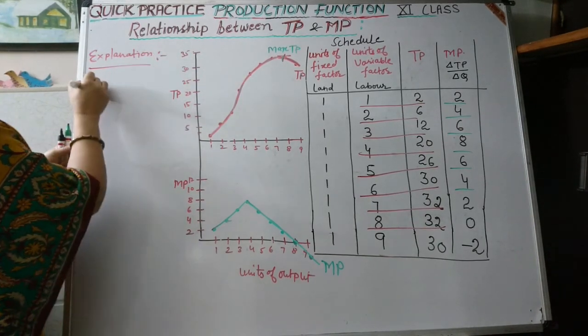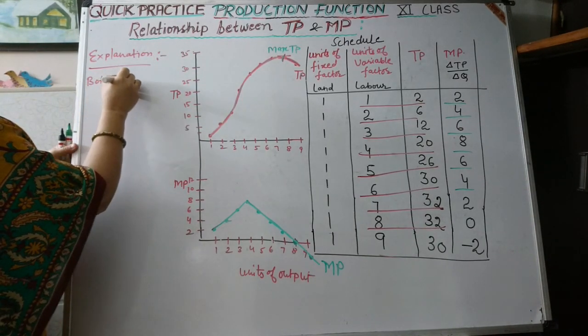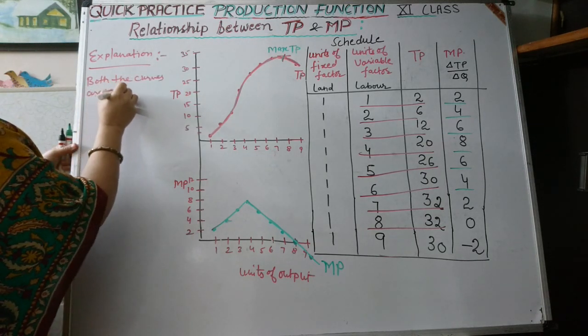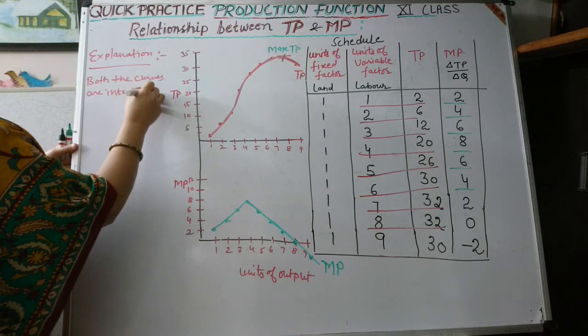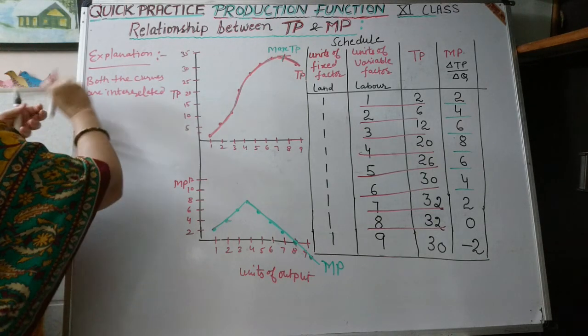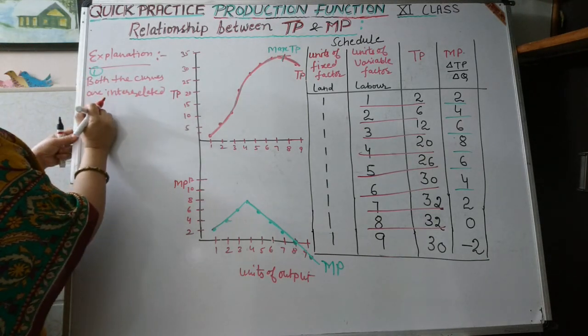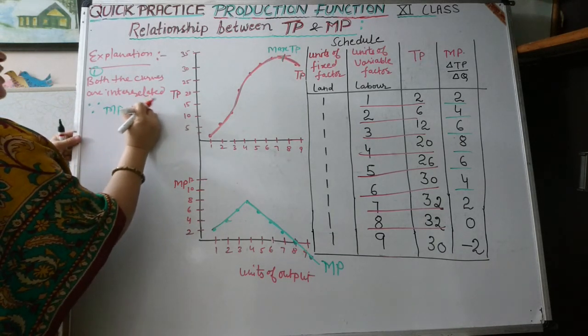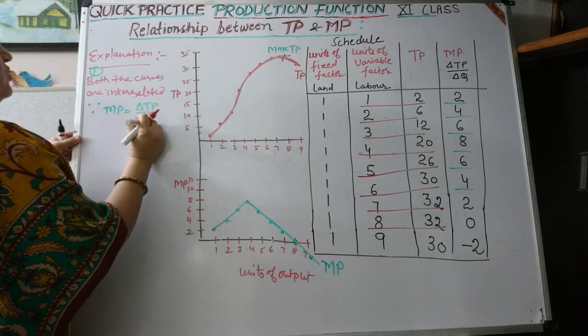Number 1, both the curves are interrelated because MP is equal to change in total production divided by change in quantity.